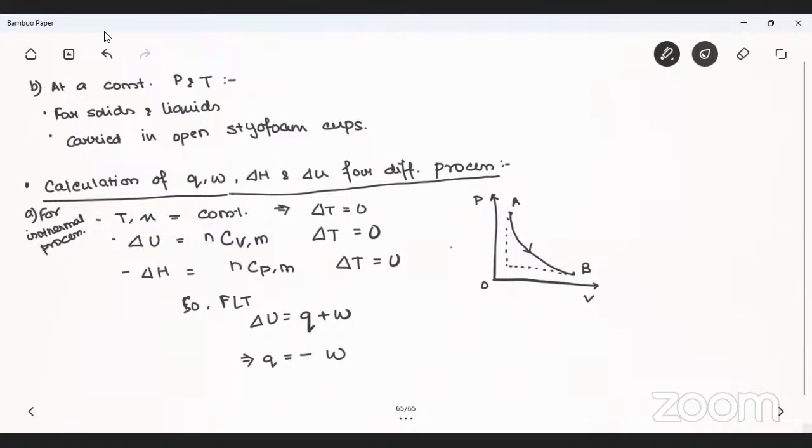So what is the magnitude of the work? The magnitude of the work depends on whether the process is reversible or irreversible. Is this part clear?